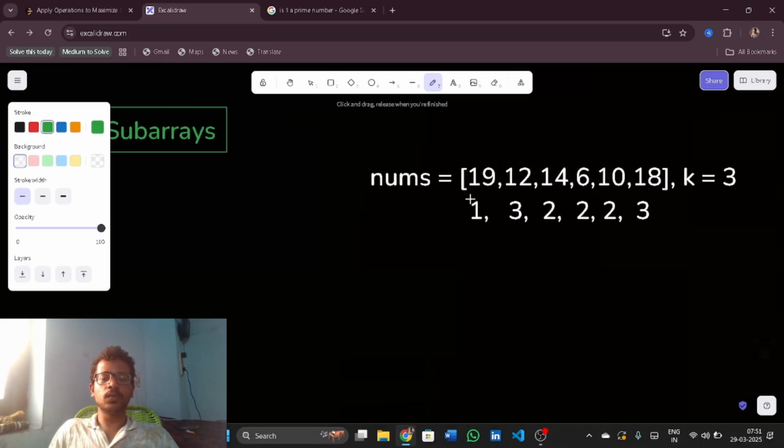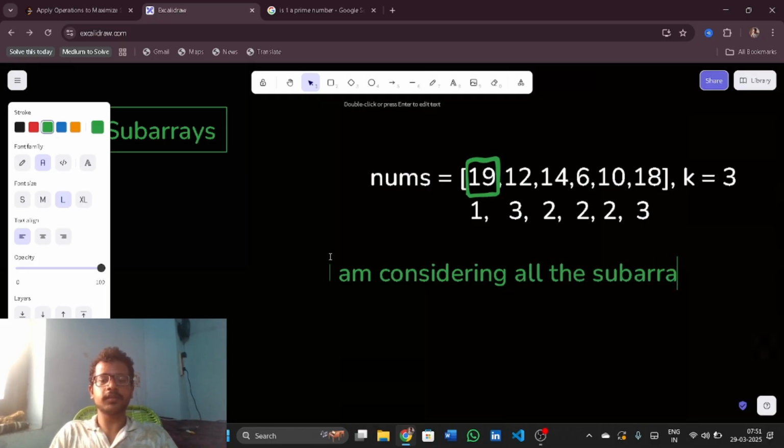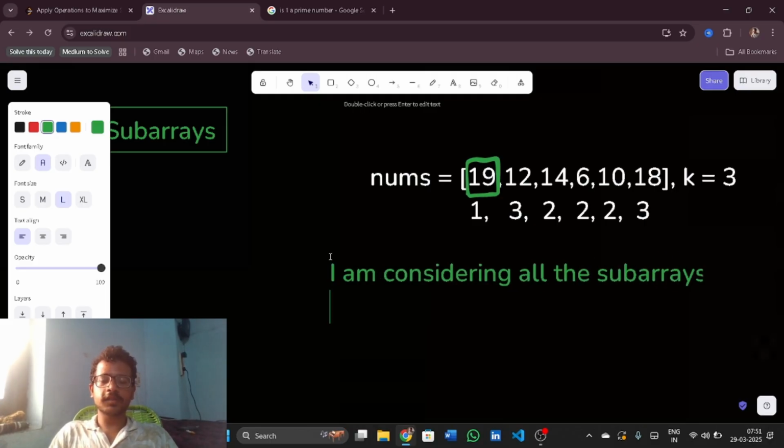Now let us do one thing. Let us take this element and see what happens if I take a subarray with this. Now I am only considering all the subarrays with 19 as dominant. I am saying the dominant element.